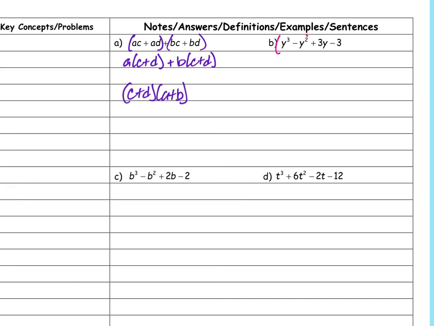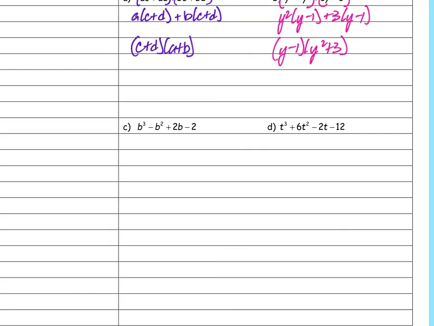So let's see. I can group those together, and I'm going to factor out a y squared, and I get y minus 1. Factor out a 3, and I get y minus 1. So y minus 1 times y squared plus 3. Beautiful. Then I factor here and here, here and here.